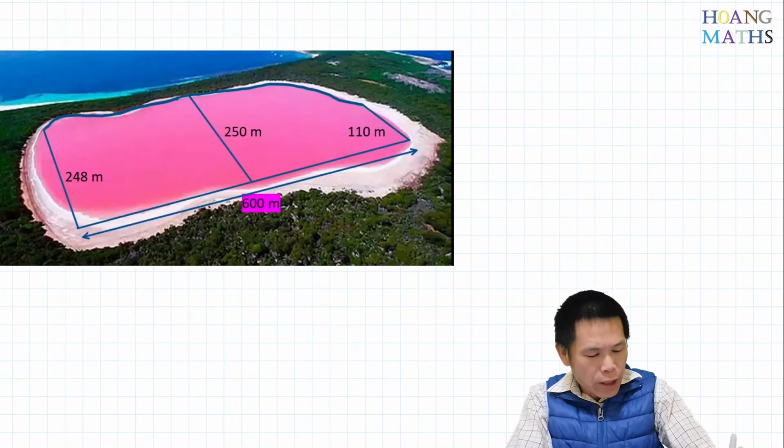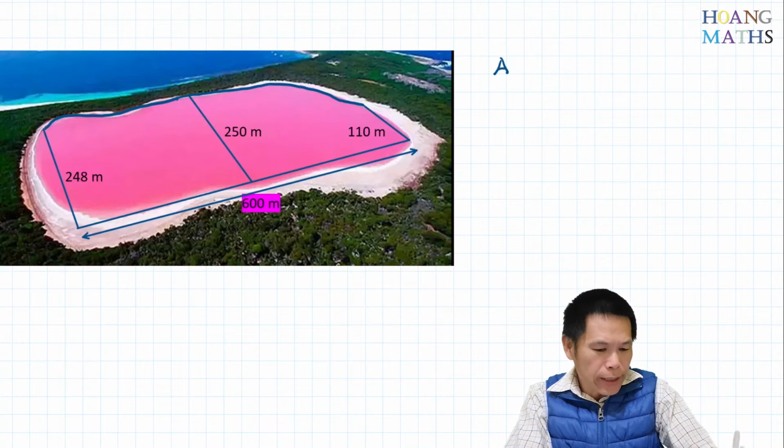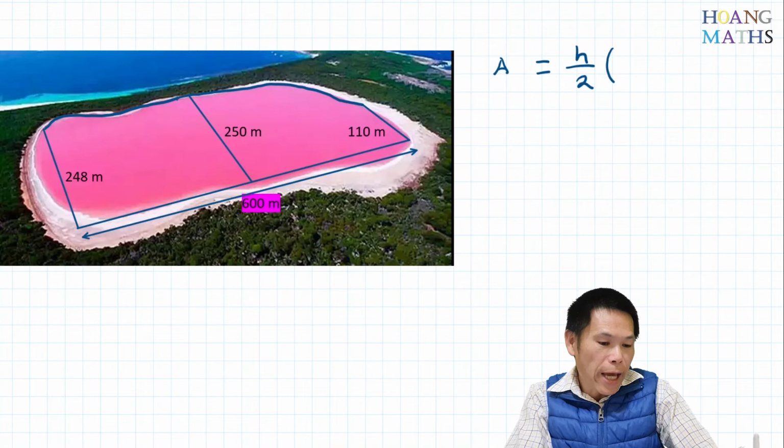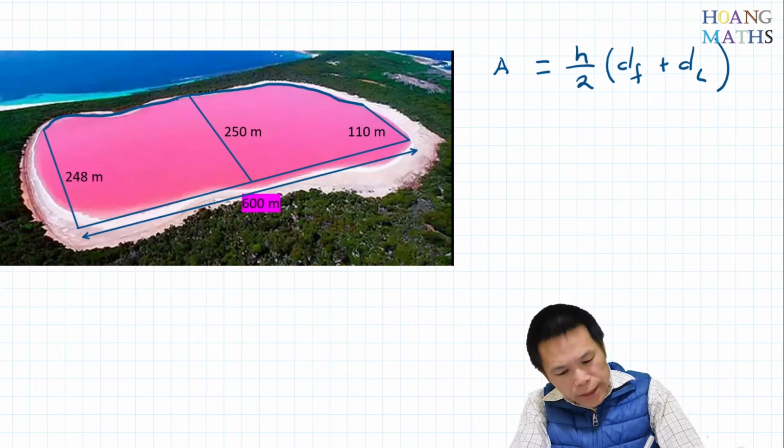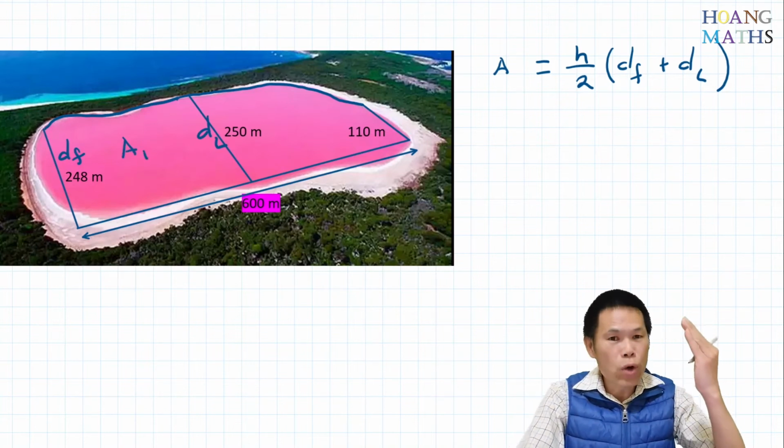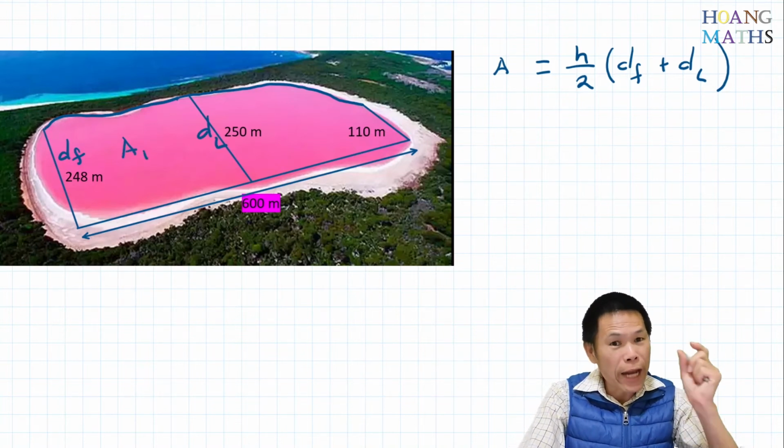So first of all, I know that the rule is A is equal to H over 2 and D first plus D last. So we know that this is D first and this is D last for this area 1, okay? Then we need to work out area 2 as well, and then we add them up.